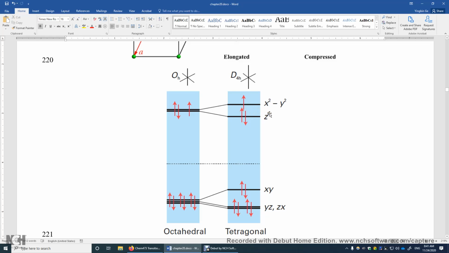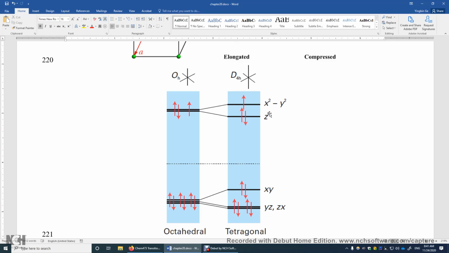So if you look at your periodic table, D9, there's one example, which is copper. So if you have copper 2 plus, that's a D9 electron configuration.